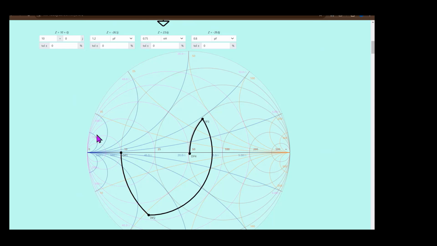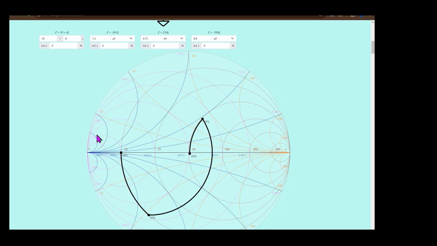Imagine that I had a bunch of ideal components, inductors and capacitors, and I wanted to make infinitesimally small movements. I go down, back up, down, back up, and I just keep doing that. If I do that, I keep a Q of 0 in the network, and that implies that my bandwidth is going to be very wide. It doesn't necessarily imply that my loss is going to be bad, because all of the components are ideal.